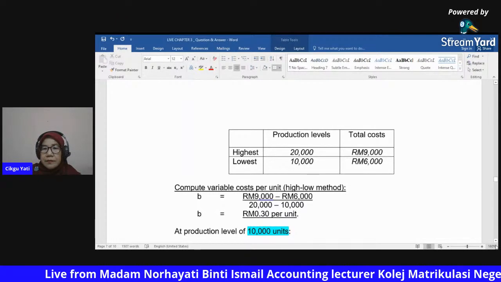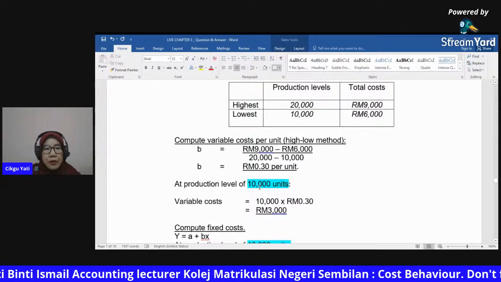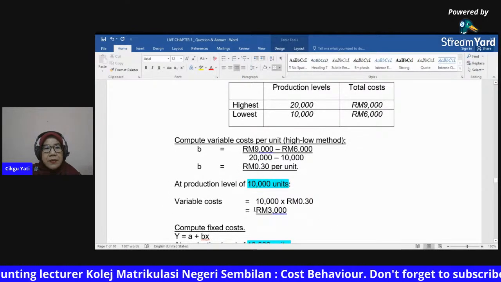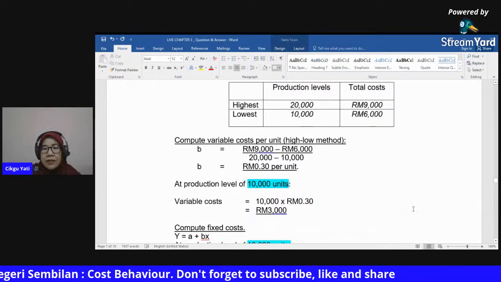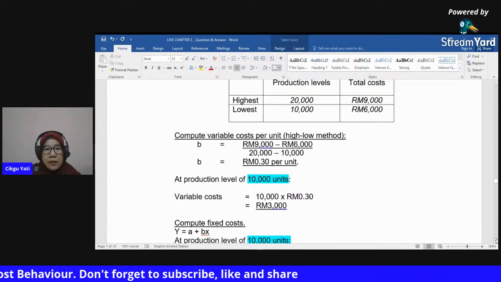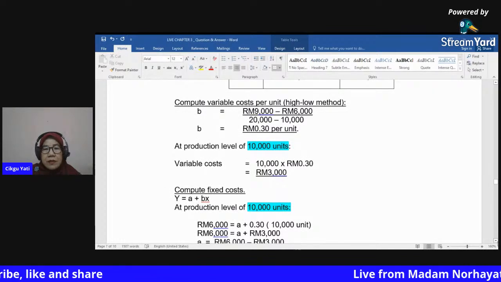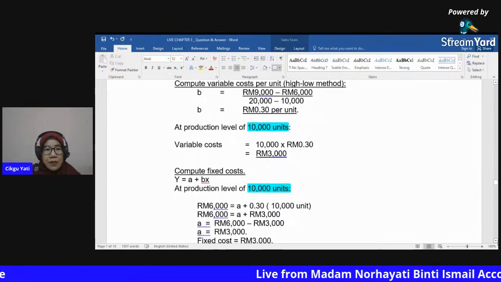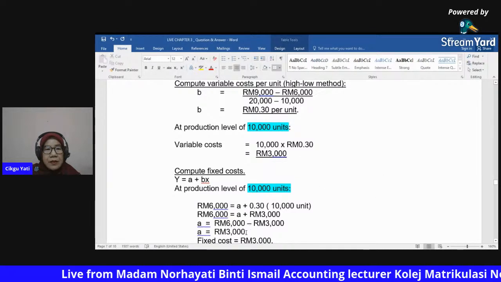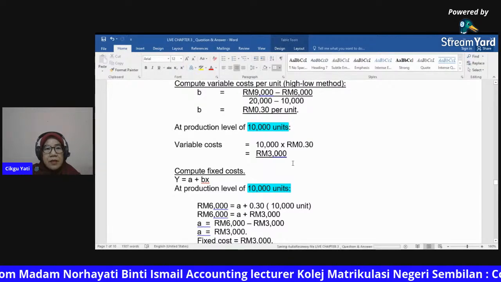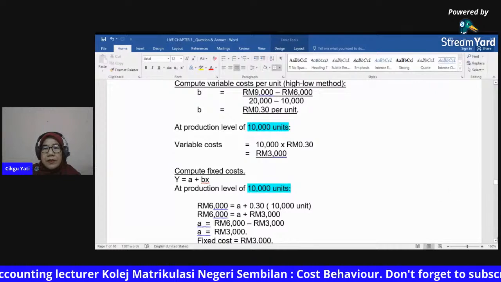Okay. And the next one, when you substitute the amount for 10,000, this is the variable cost at 10,000 unit. And you just substitute the variable cost in the formula and you can get the fixed cost is 3,000. So variable cost is 3,000 and fixed cost also 3,000.